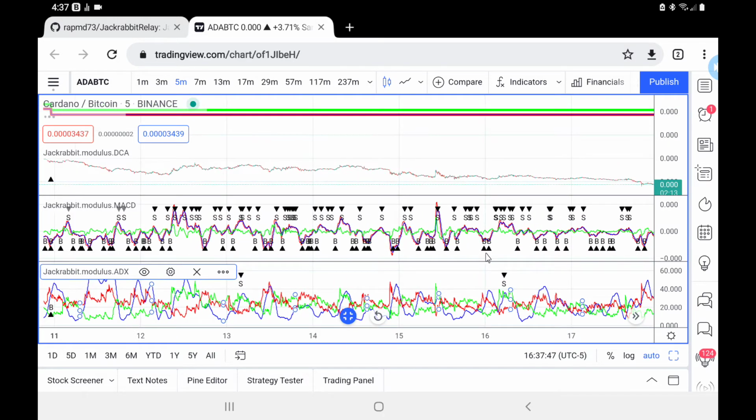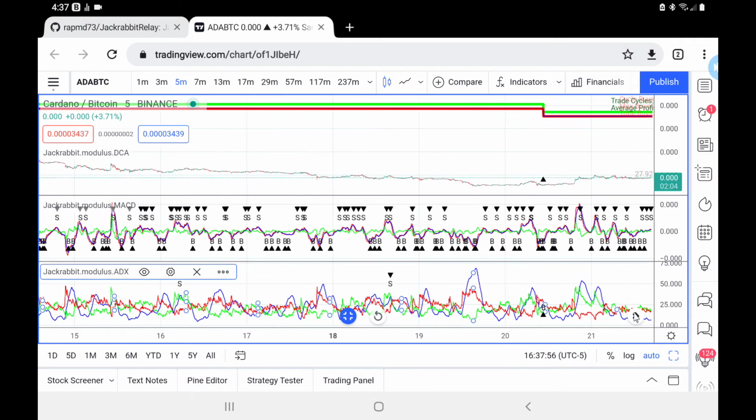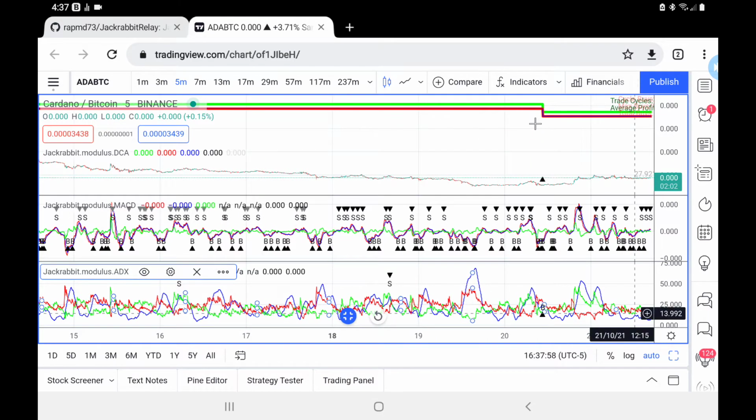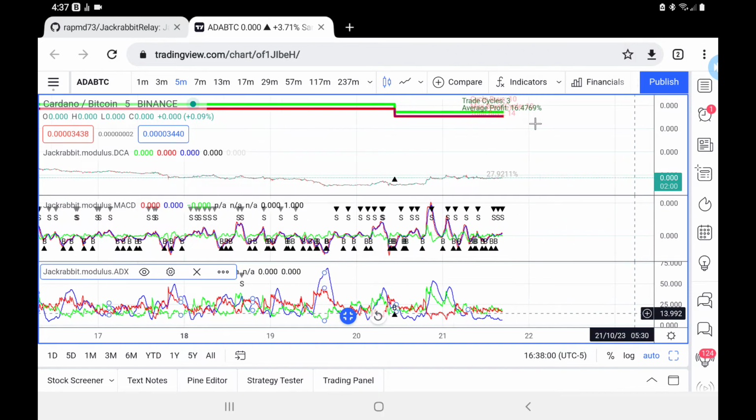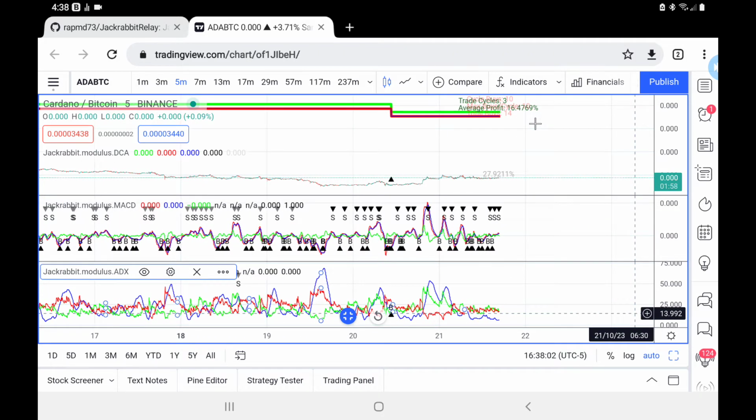But again, you'll notice, like the first recipe, price action is well below the averages, simply because of volatility. And mostly volatility of BTC itself.